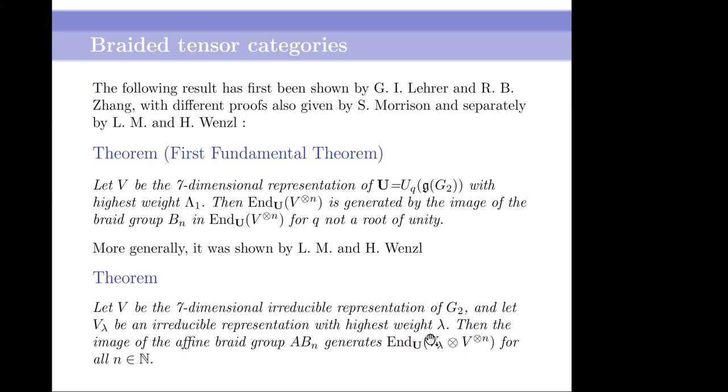In this case, you notice that one of the modules in the tensor product is arbitrary irreducible. By affine braid group, we mean the braid group with one additional generator. In general, this was interesting on its own, but it was also useful for studying categorification of representations.